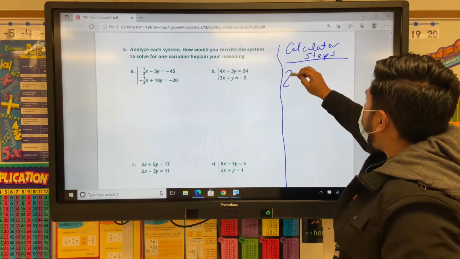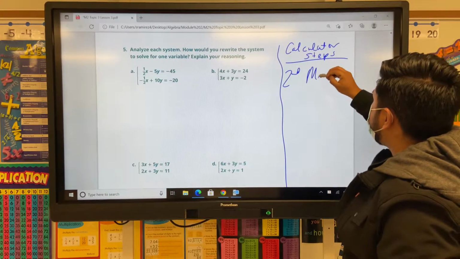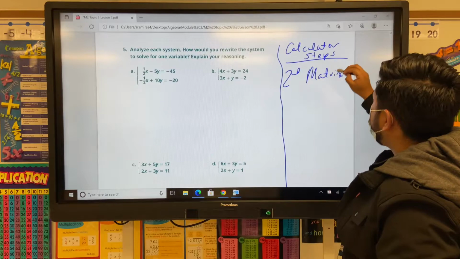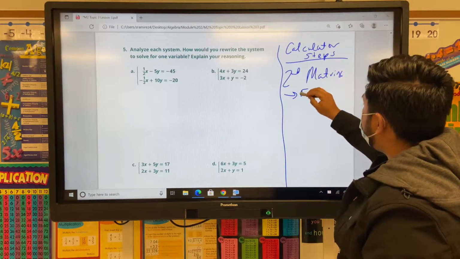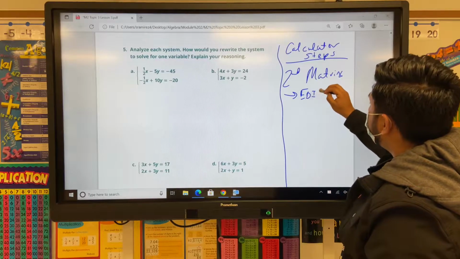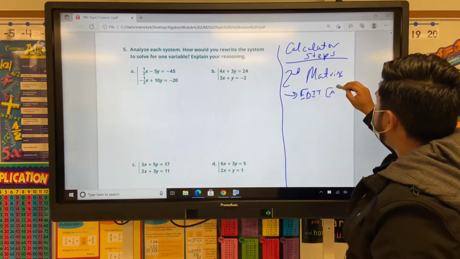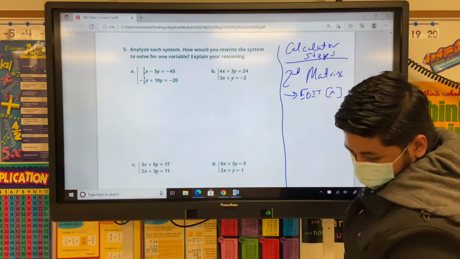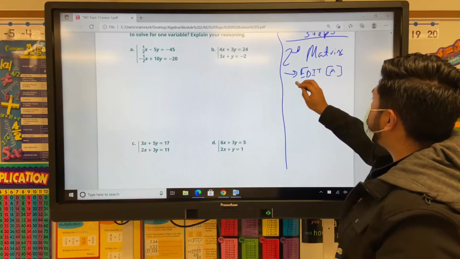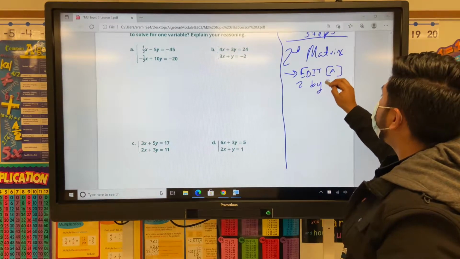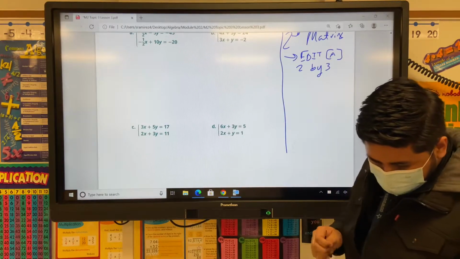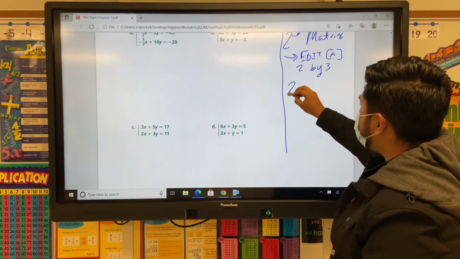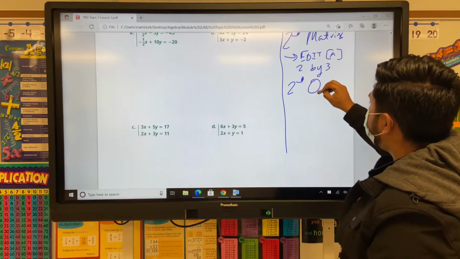You will click second matrix. Then you're going to go side to edit A. Make sure it's a 2 by 3. Then press second quit to get out of there.